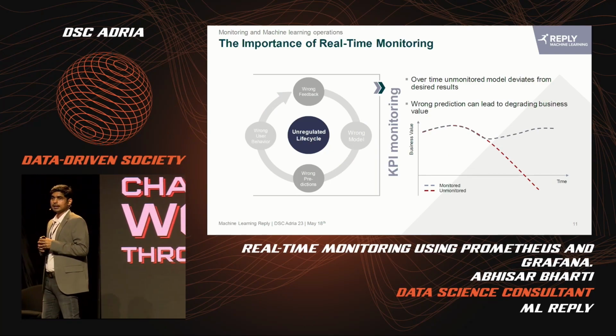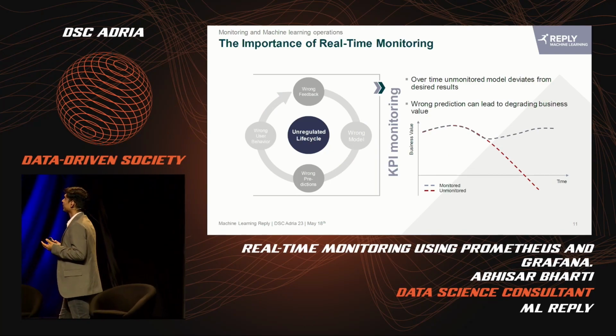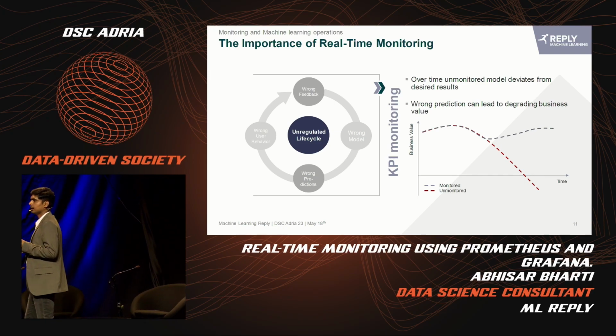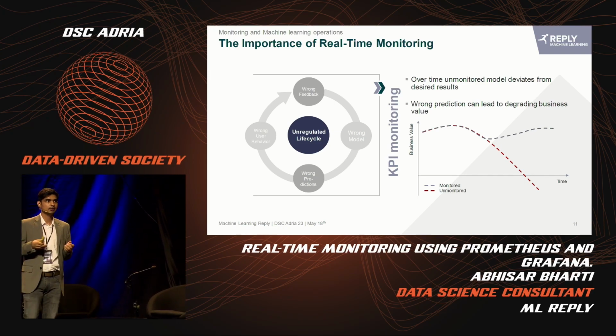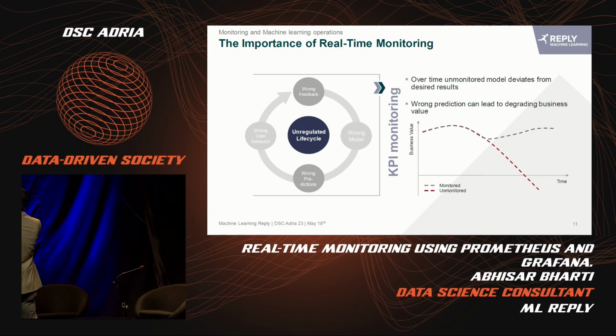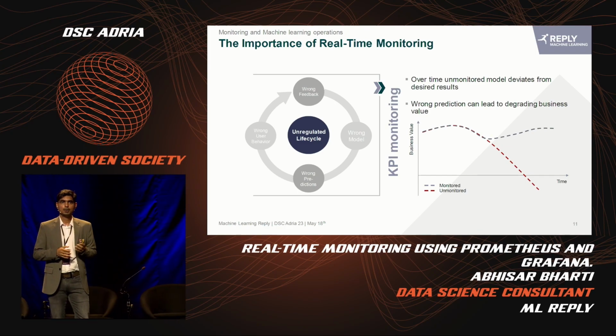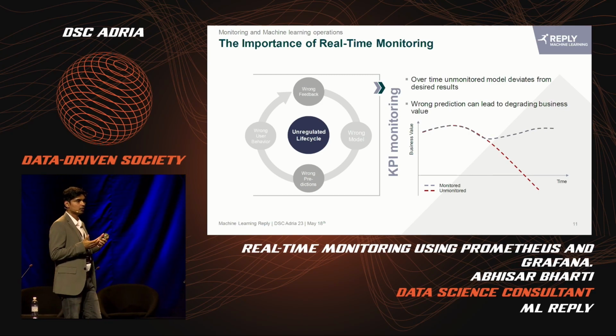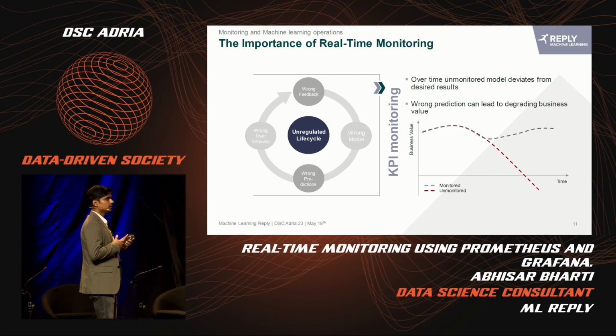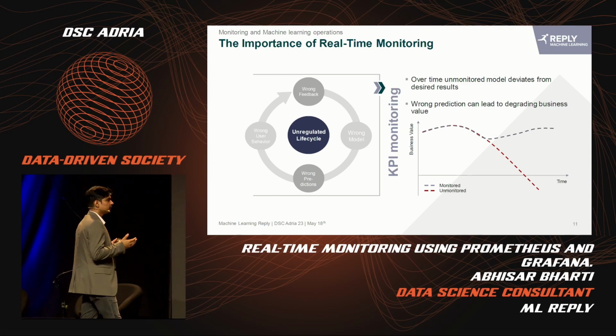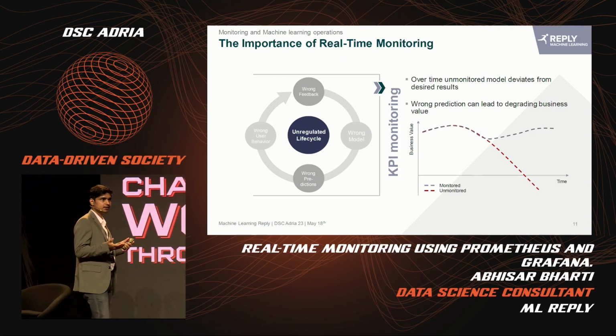Now, someone can also ask why is it really important for real-time monitoring? As I said previously, this is how an unregulated life cycle would actually look. Because we have less data, we are feeding it back, we are generating bad predictions. Bad predictions will lead to bad business decisions.